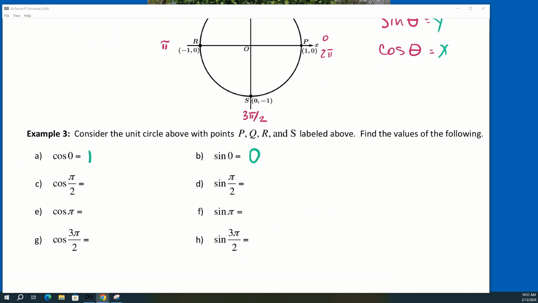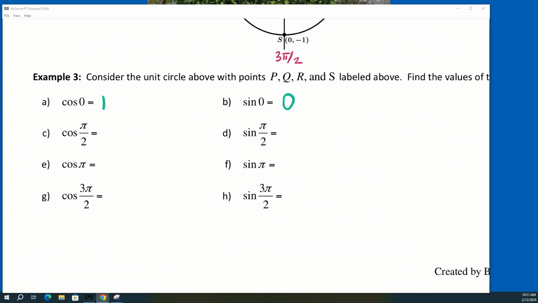I know your copy might not be the best. Okay, so cosine is the x, sine is the y.